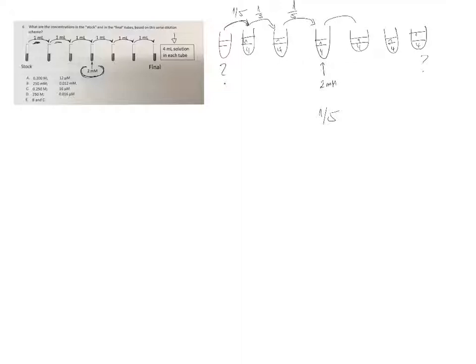And then from this one the same, 1 in 5, 1 in 5, 1 in 5. The reason why I'm doing the scheme here is because with this you're able to do really quickly the dilution factor from here to here.